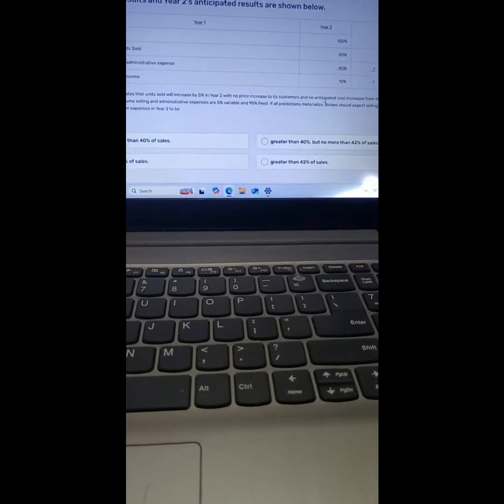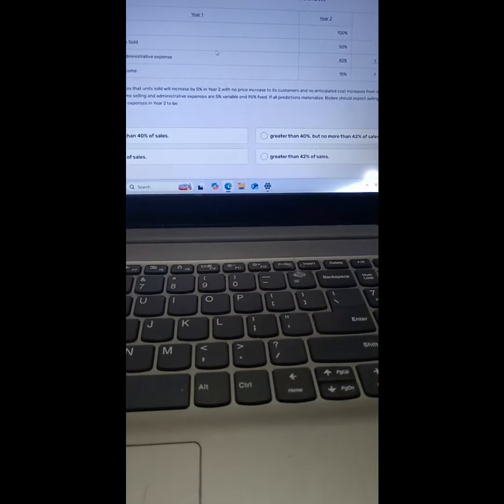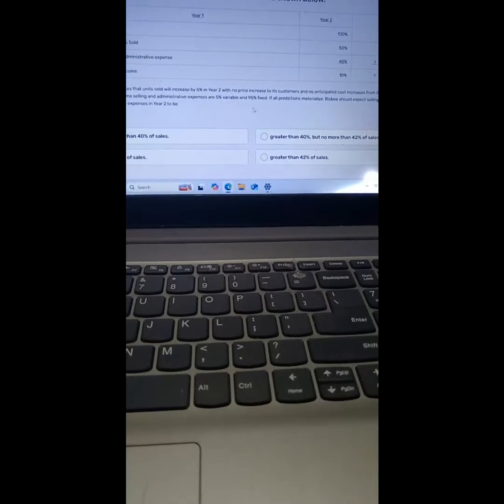Sales will increase 5% compared to year 1, and out of that, selling and admin expenses are only 5% variable. In this case, how can you calculate? Fixed will be constant, no need to change.